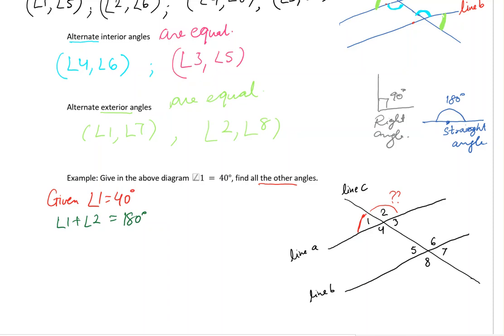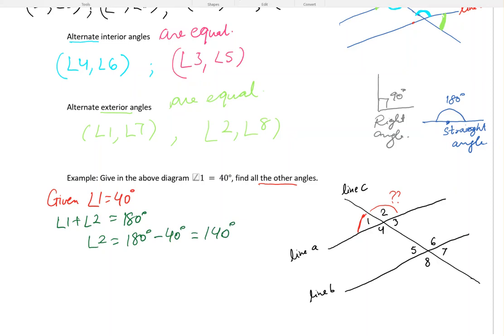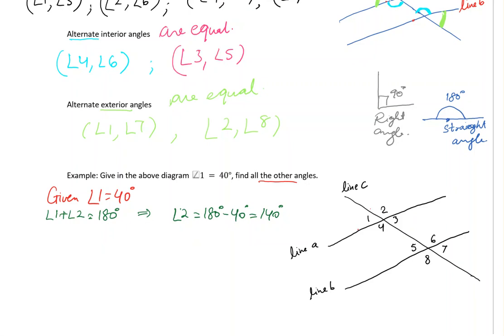From here we get angle 2 should be 180 degrees minus the measure of angle 1, which is 40 degrees. So we get angle 2 is equal to 140 degrees. So far we already found that angle 1 is 40 degrees, angle 2 is 140 degrees.